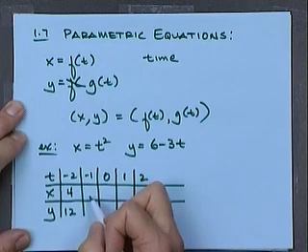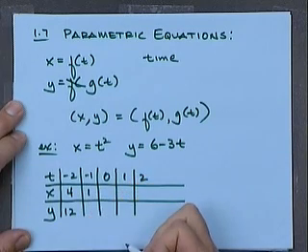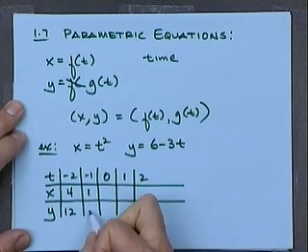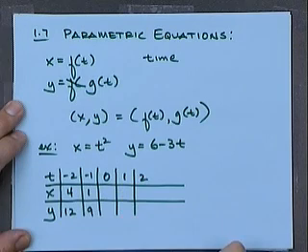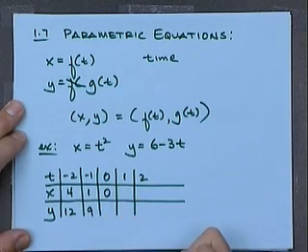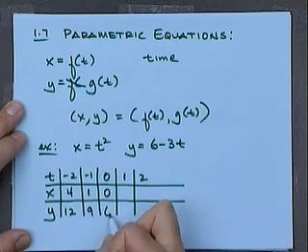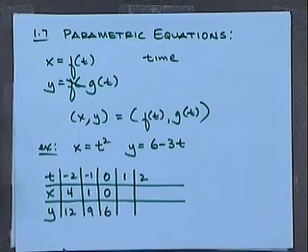Let's keep going down the line. x is what when t is -1? 1. y is 9. When t is 0, x is t squared, so it's also 0. y is 6. I don't know if it appears that there is any particular pattern to you.